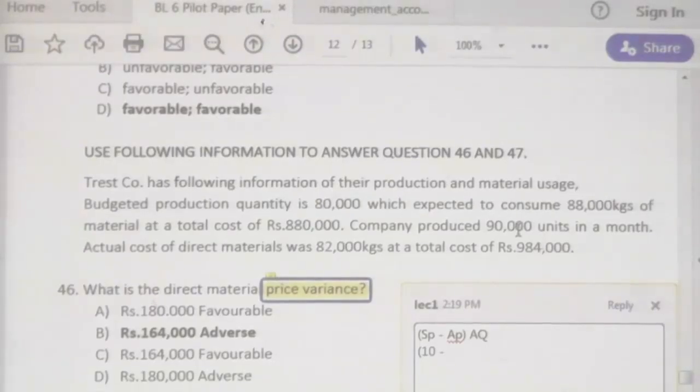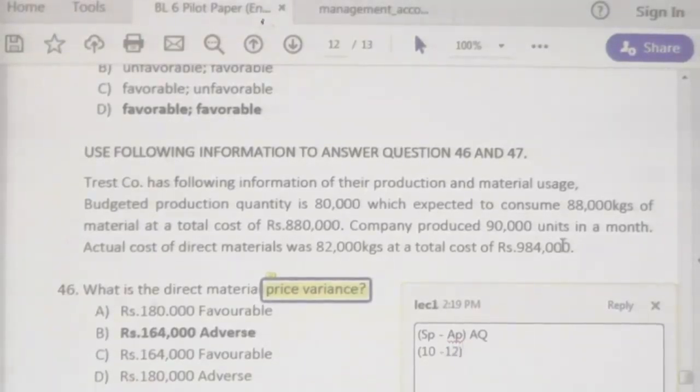Now, the company produced 90,000 units. Actual cost of direct material: 82,000 kilograms, 984,000. Now let's see the actual quantity. 984,000 is the actual total cost, and the number of kilograms used is 82,000. Therefore, the actual cost incurred per kilogram is 12.